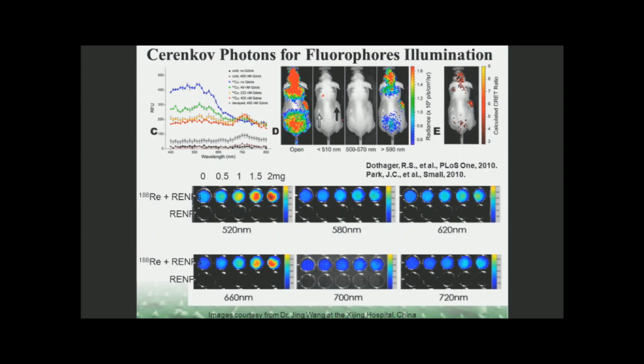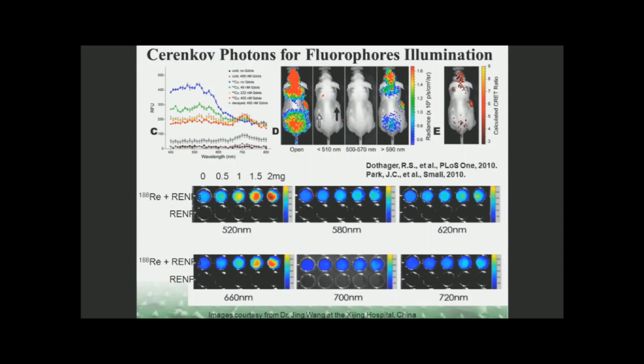Like in this work from the Washington St. Louis group, they use quantum dots and copper 64 for excitation. And this one is from a Korean group. They also use iodine 124 to excite quantum dots. In this one, people demonstrate they can use the beta particle from radium 188 to excite upconversion nanoparticles for in vitro imaging.